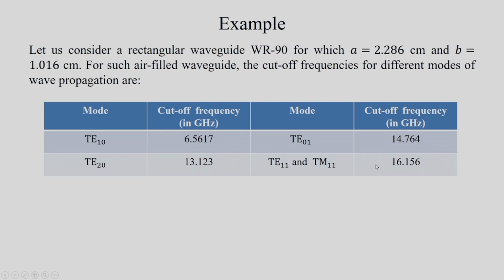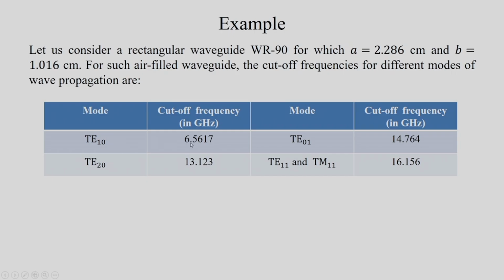Now, please note that below 6.5617 gigahertz, with this guide dimension, the propagation inside the waveguide is not possible. So, above 6.5617 gigahertz, if we operate the waveguide, we will have TE10 mode launched first, and then if we operate the waveguide above 13.123 gigahertz, then we have both the propagations possible.